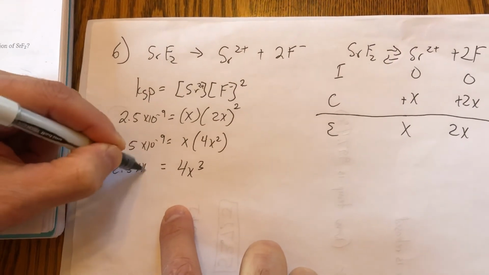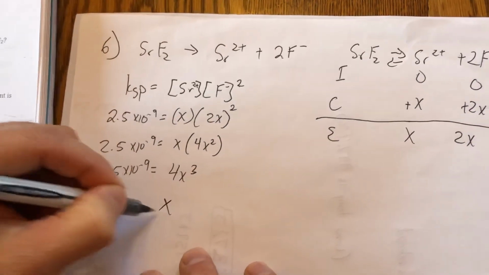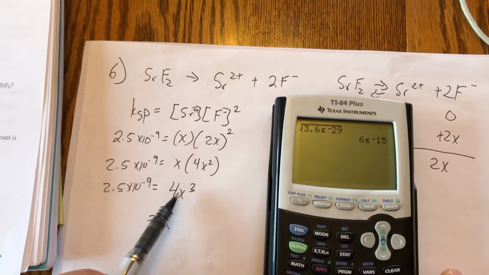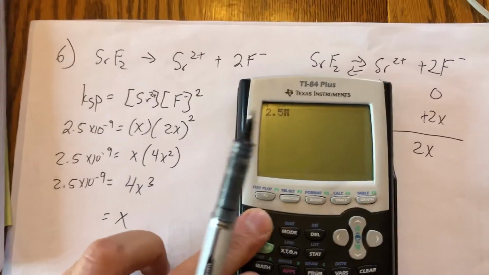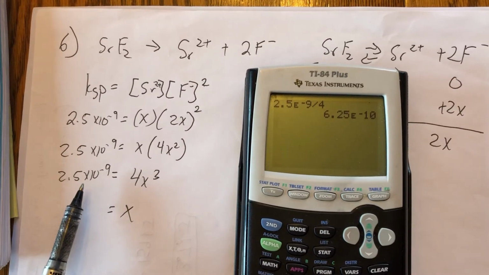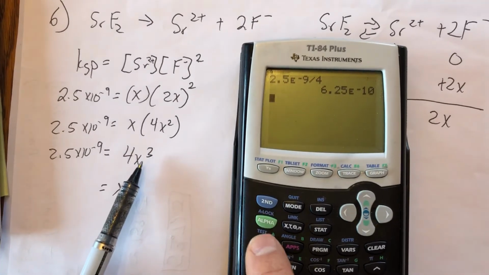All right. So when it's not a 1-to-1 ratio, it gets a little bit more complicated. So now as you solve for x, we have to divide by 4 and then take the cube root, not the square root.